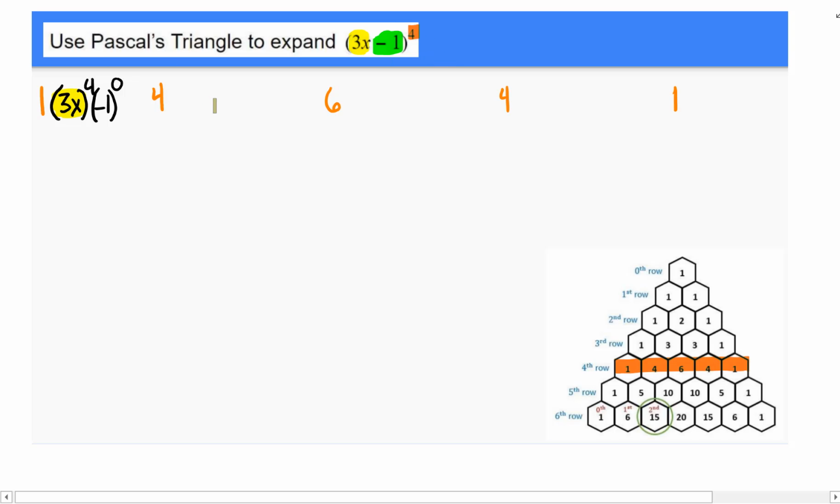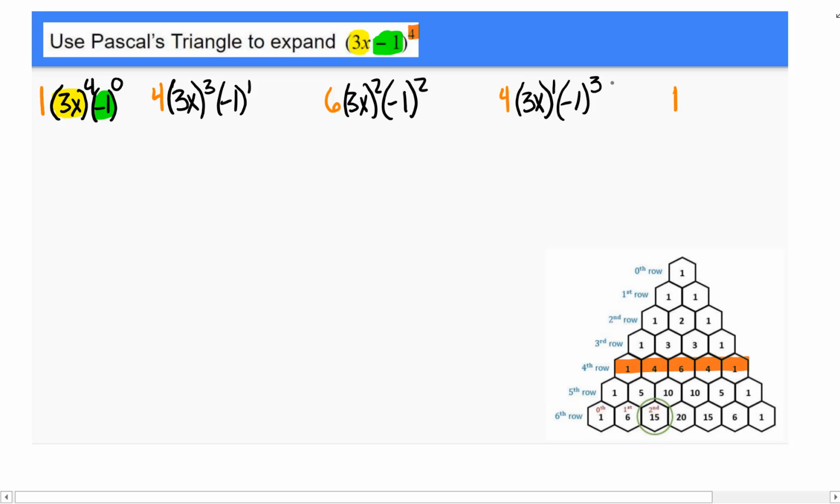Next, the power of this first term will descend as we continue on, and the power of negative 1 will ascend as we continue on. 3x is to the power of 3, so negative 1 is to the power of 1. 3x is to the power of 2, so negative 1 should be to the power of 2. 3x to the power of 1, and now negative 1 is to the power of 3. 3x to the power of 0, negative 1 to the power of 4.